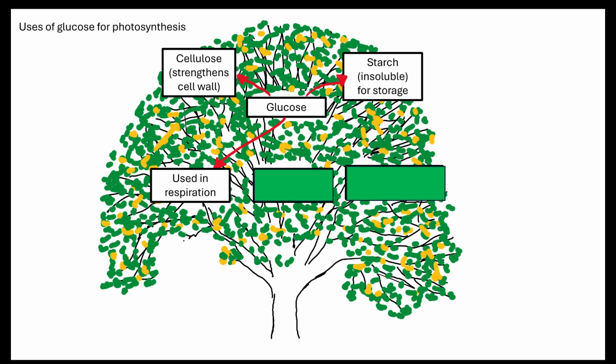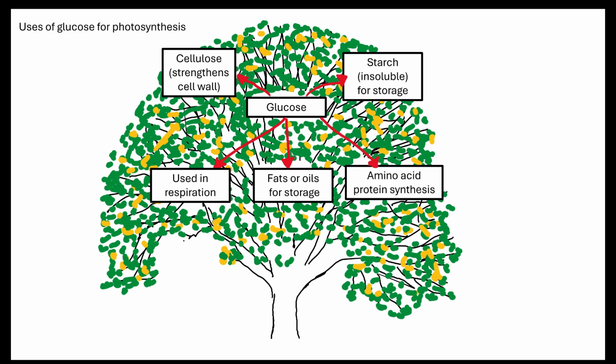As we go into winter and the plants have lost their leaves, they still need to do respiration. So therefore they still need a supply of glucose. So the plant can store the glucose as starch so that it can use it when it's not able to photosynthesize as much. It can also use the glucose to produce fats and oils, another storage molecule.